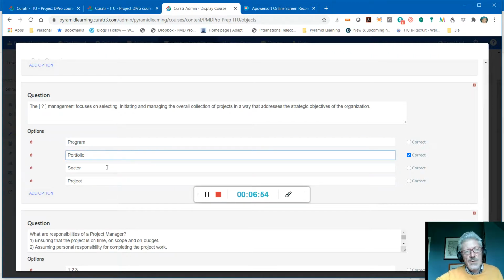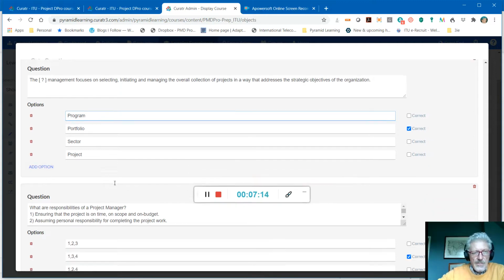So this just shows you that by good exam technique, if you have to guess, you can eliminate wrong answers very easily. Now, the answer here is portfolio because this is looking at the link to strategy. Program is looking at added benefits to running two or more projects together rather than separately.